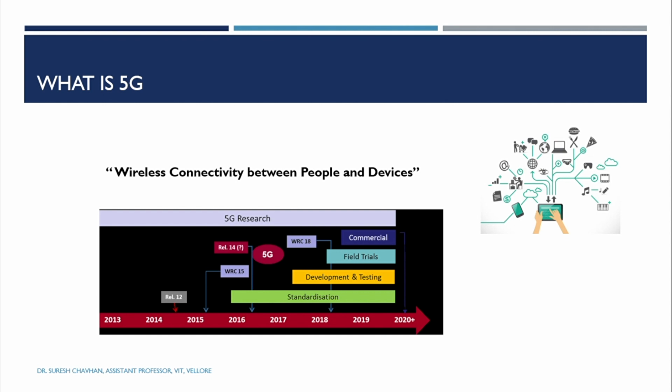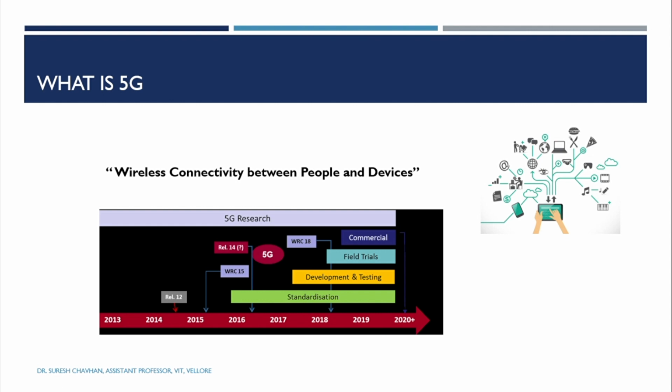Once we have standardized these things, we need to test and experiment in various scenarios. For that, at the very first we need to develop. So development and testing was done between 2017 and mid 2019.